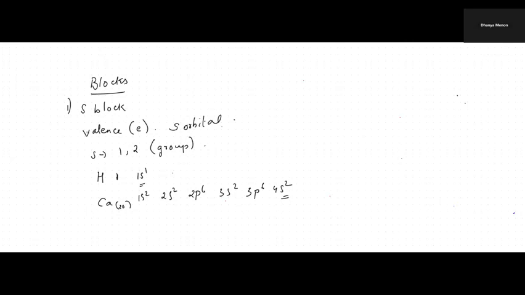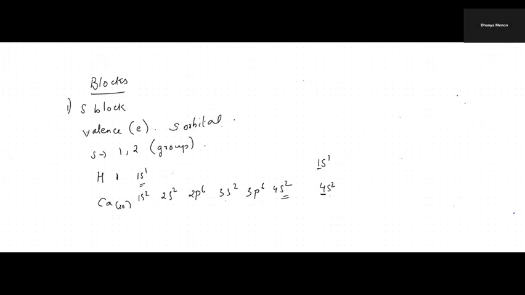So for hydrogen, the valence shell is 1s, and for calcium, the valence shell, which I said is the last shell, is 4s. This is the last shell, so that is the valence shell.